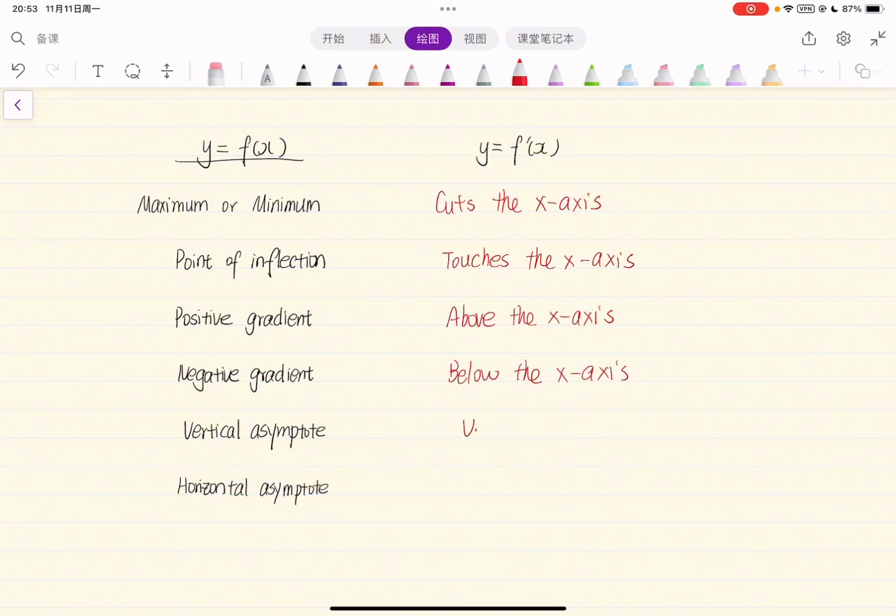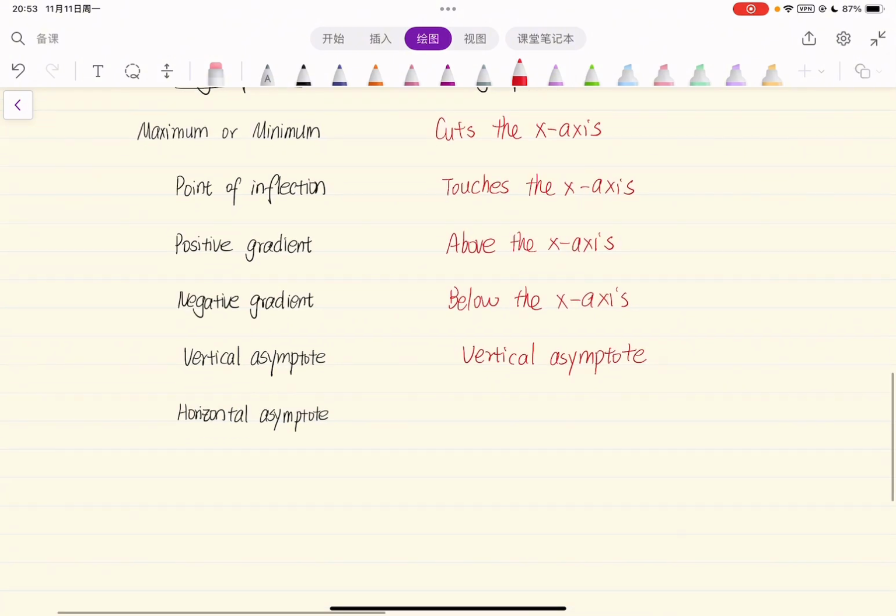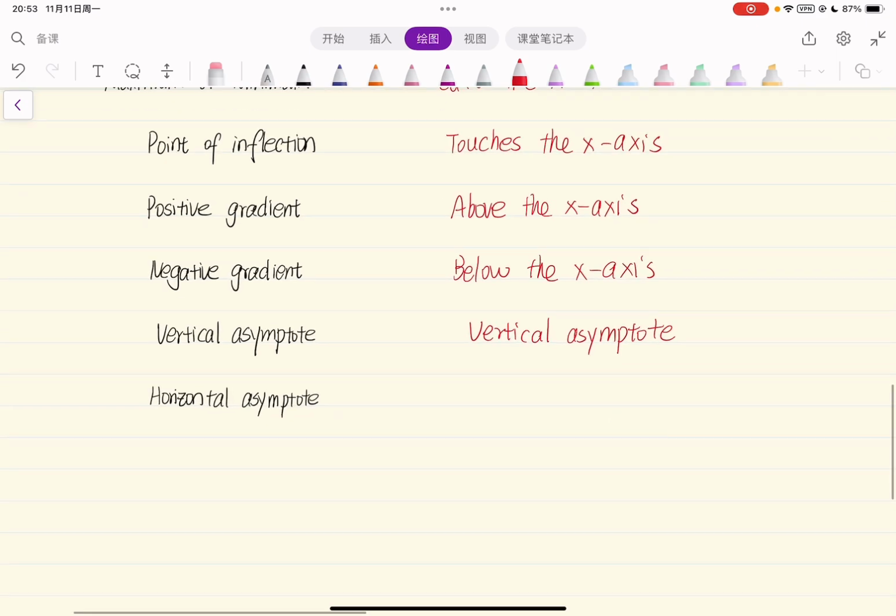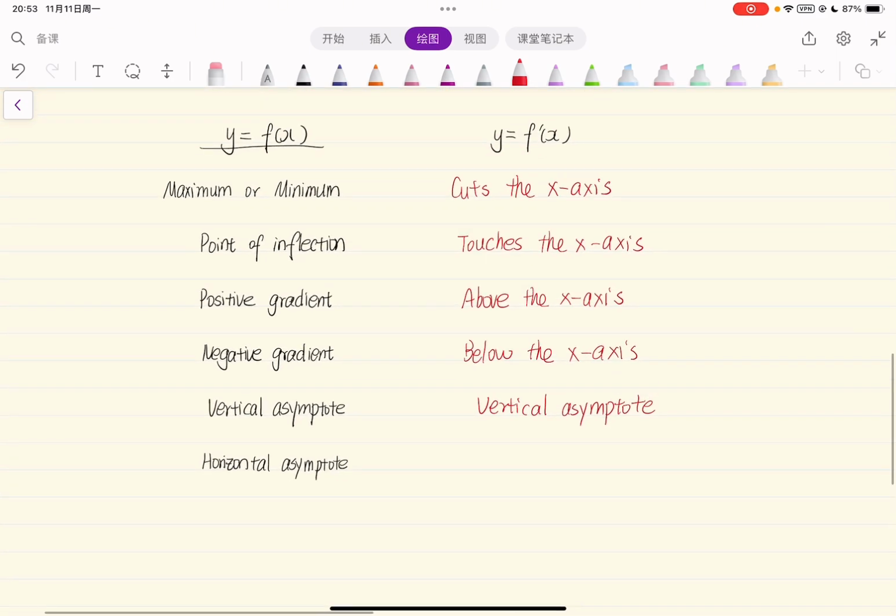So it's still a vertical asymptote in the graph of the gradient function. Well, for the horizontal asymptote, it has changed. In the graph of the gradient function, the horizontal asymptote should be at the x-axis.